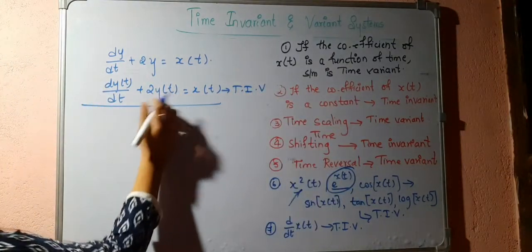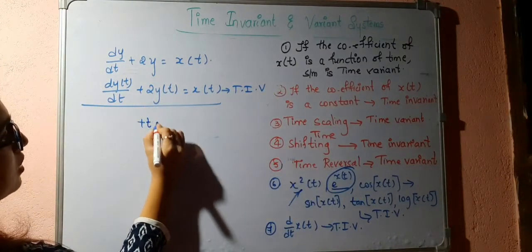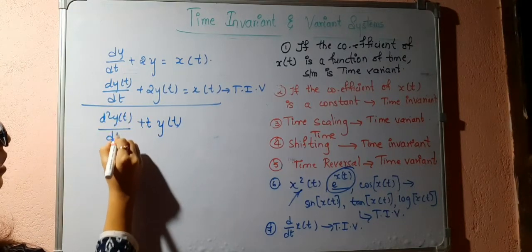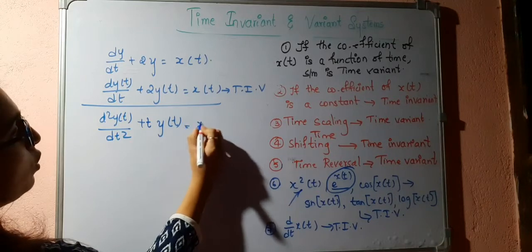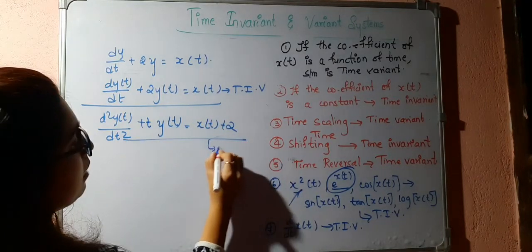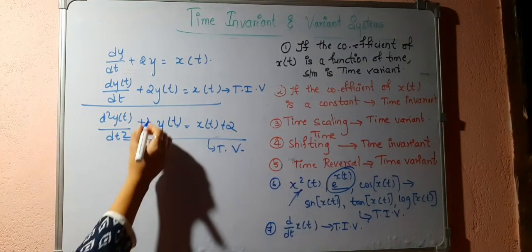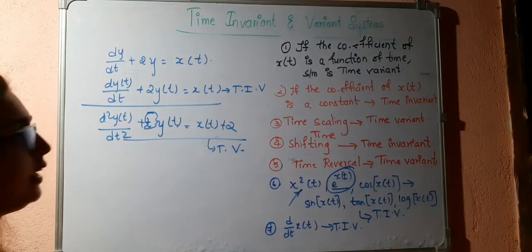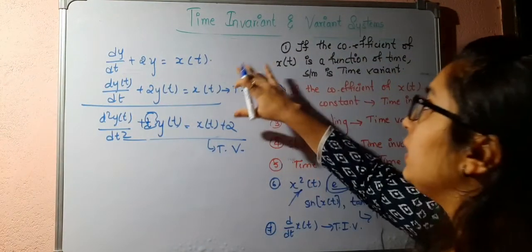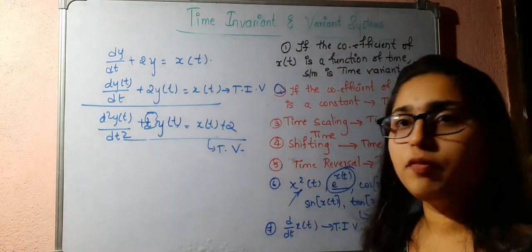But if it has any coefficient as t, like d square y of t by dt square plus t y of t is equal to x of t plus 2, this becomes time variant because you have a t here. So these are all the points about time invariant and time variant systems.